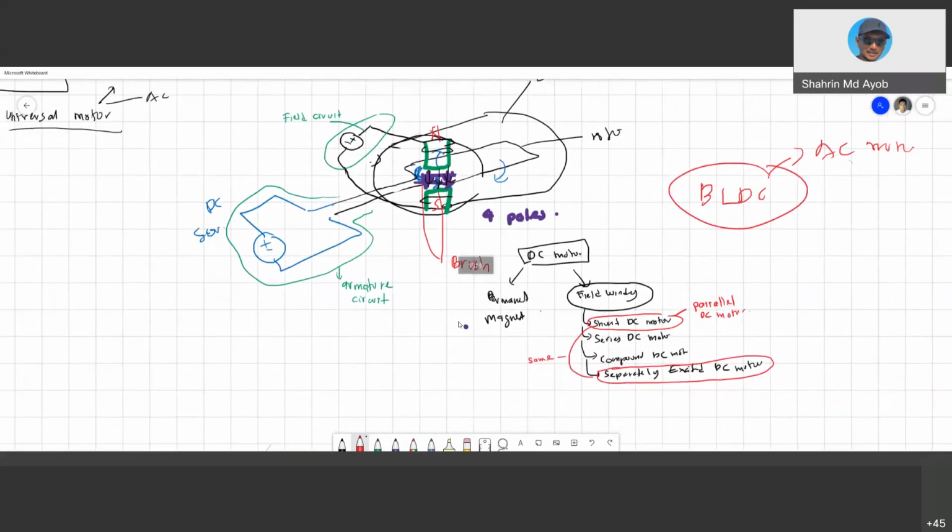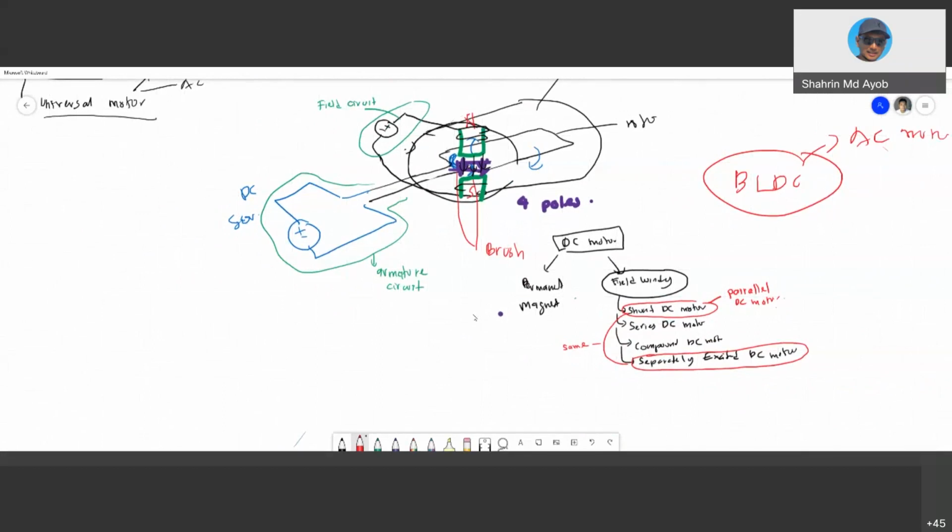So for the parallel DC motor or shunt DC motor, your field circuit and your armature circuit share the same source, and they are connected in parallel. Okay, positive, negative.